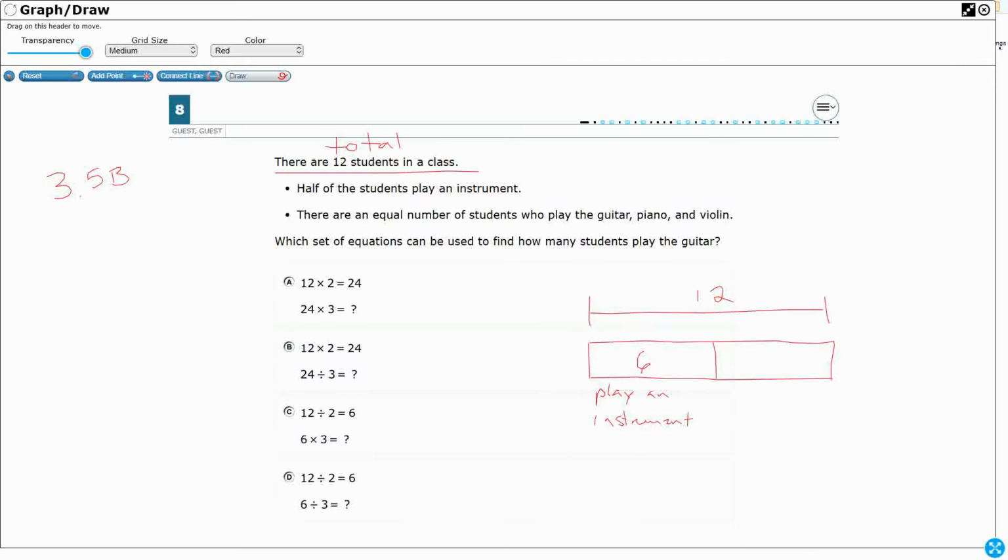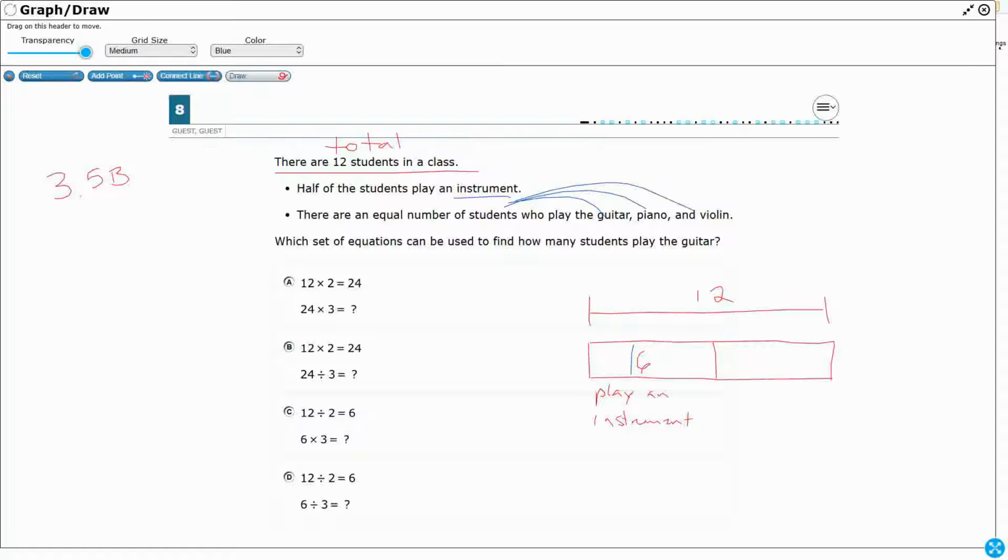And there are an equal number of students who play the guitar, piano, and violin. All right, so of those 6, let me change colors here. These instruments, right? We had to know that an instrument is the same thing as that guitar, that piano, and that violin. So there's an equal number.